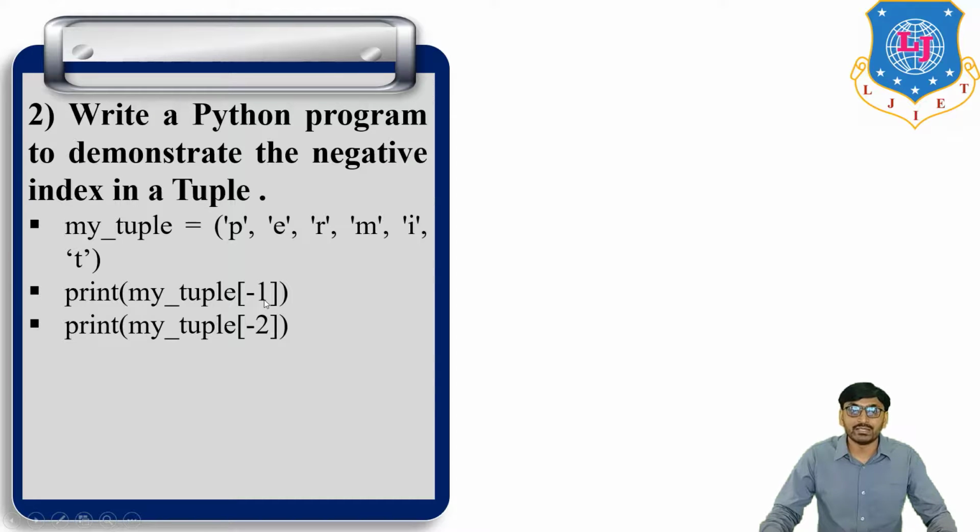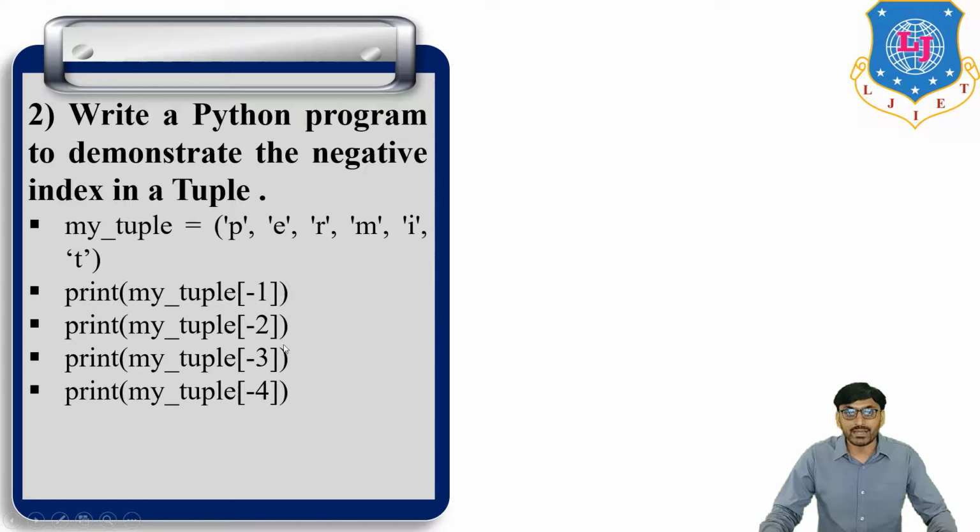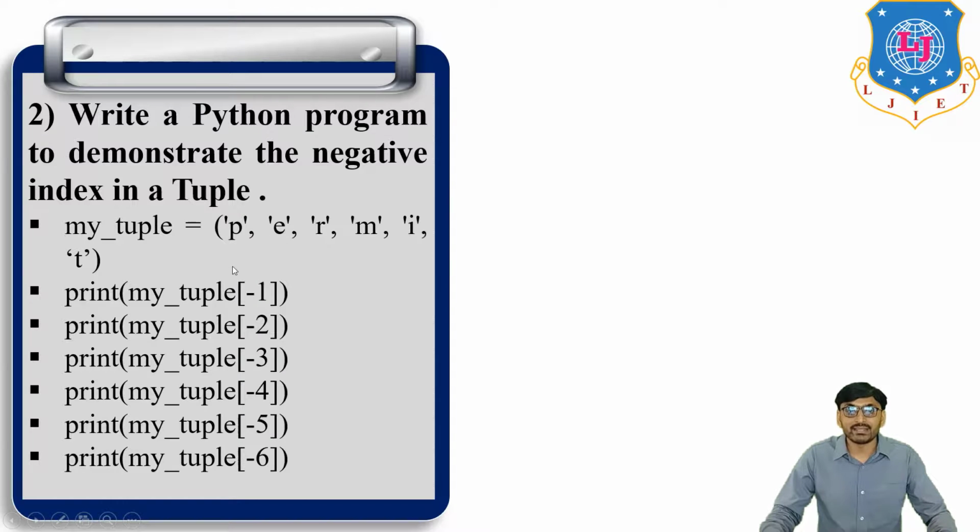So if we print out -1, the answer is T, and -2 gives I, the last-but-one element. Then -3 gives M, then -4 gives R, then -5 gives E, and -6 gives P. So from right to left. Okay, so that is -1, -2, -3, -4, -5, -6.